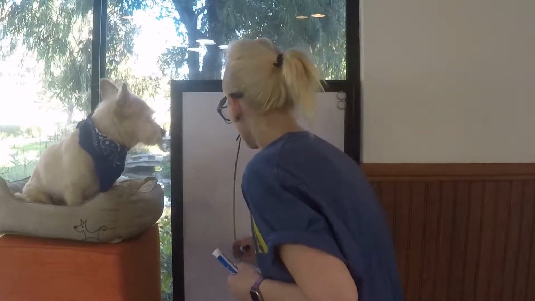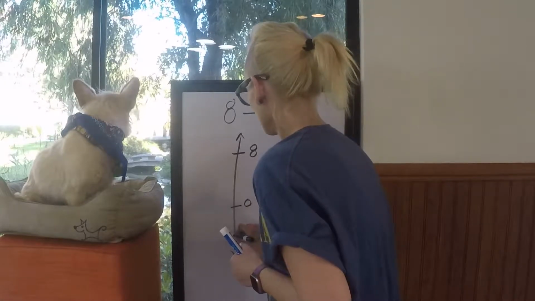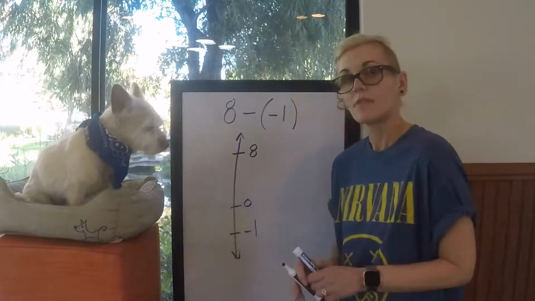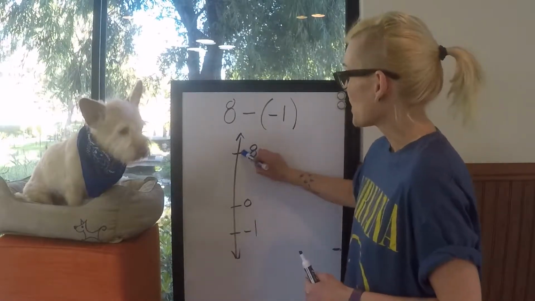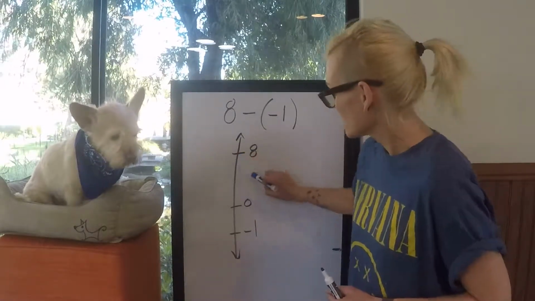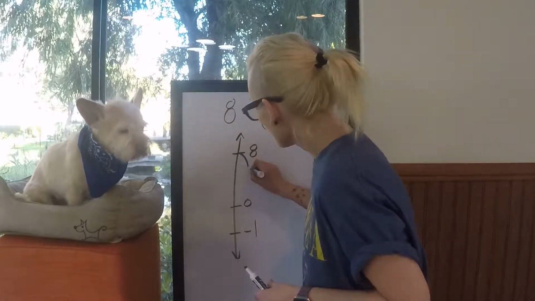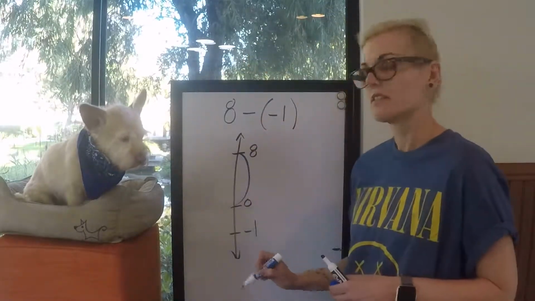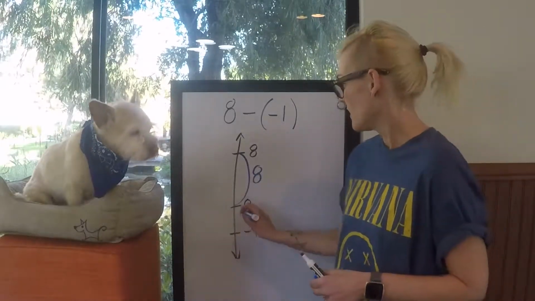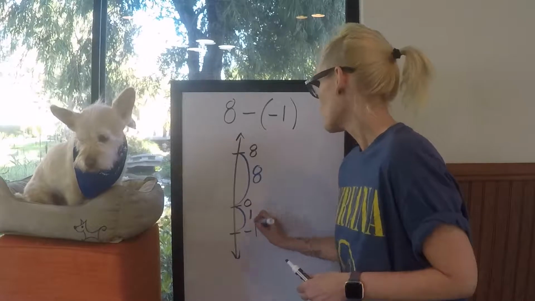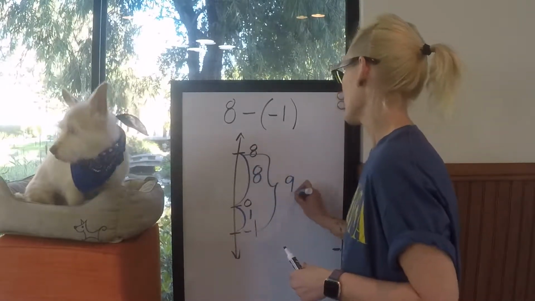So if I'm at 8, here's 0, and here's -1, and I want to know what's the change. How far do I have to go to get from 8 to -1? Well, if I'm starting at 8, I have to go down 8 to get to 0. So that's a distance of 8. And I have to go another 1. So total, my distance is 9.